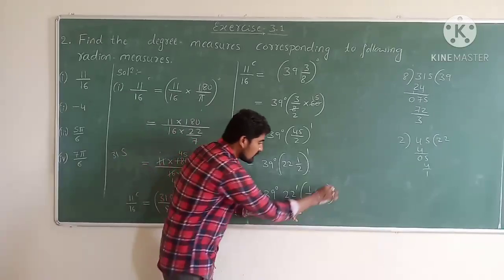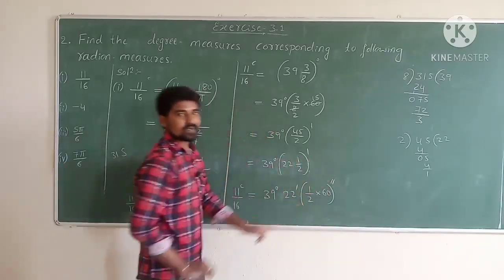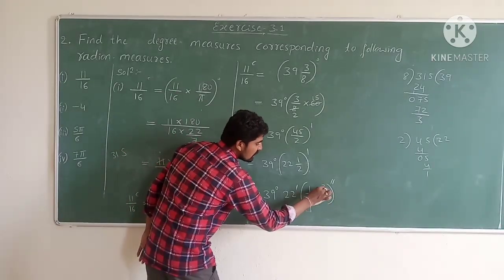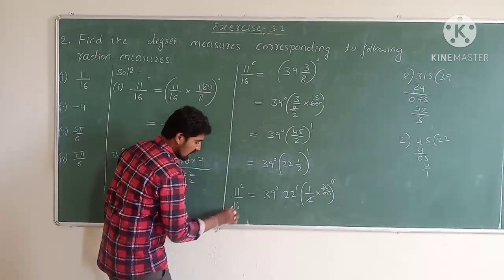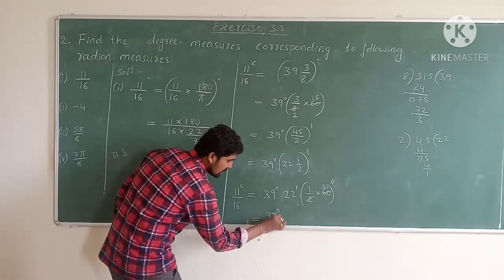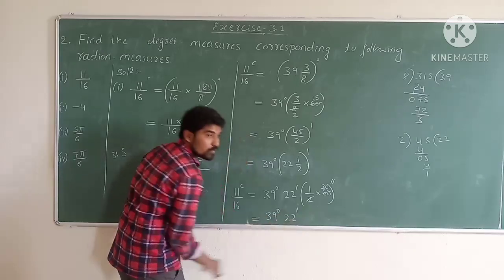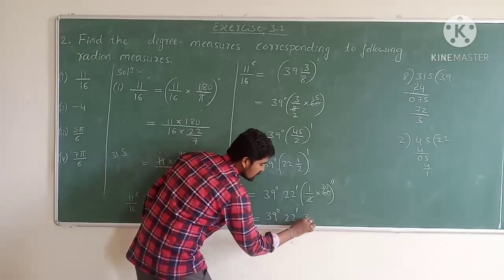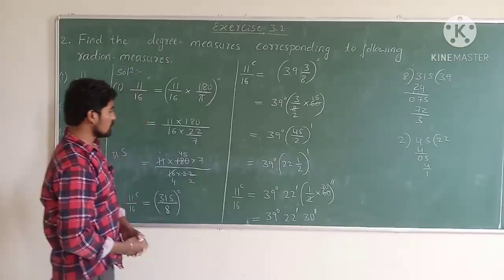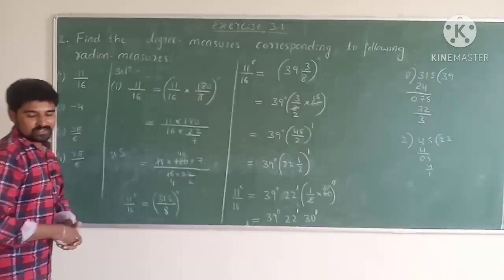Now the converted unit is seconds. Seconds means double prime. Now 2 ones are 2, 30s are cancelled. Therefore 11 by 16 radians is equal to 39 degree 22 minutes and 30 seconds. I hope all of you understood.